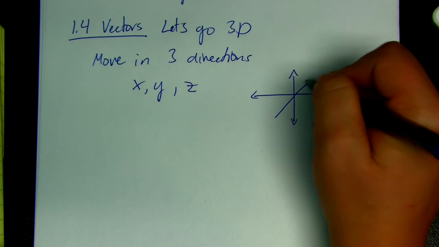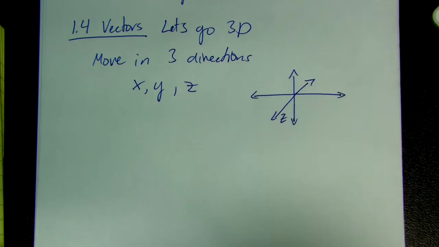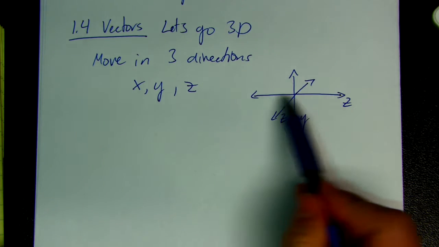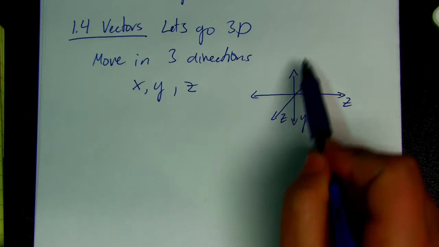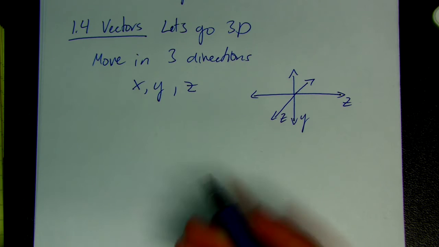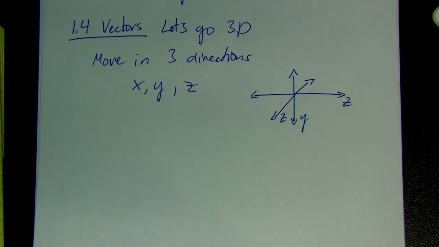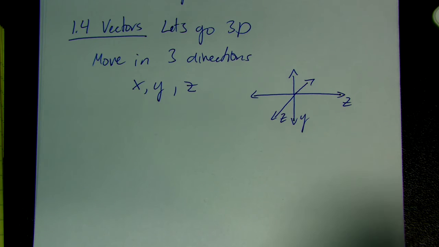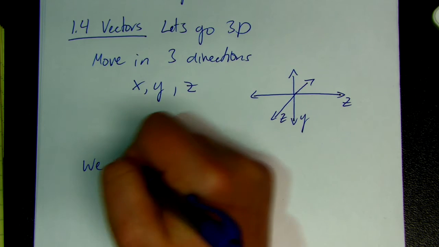And then your z-axis comes out of the page and into the page. So you could go this way, you go up and down, or you can go in and out. In the motion that we'll be looking at, all of these are available directions that you could go in, so we need a way to describe them. We need vectors.